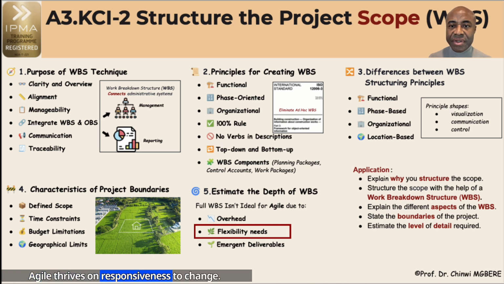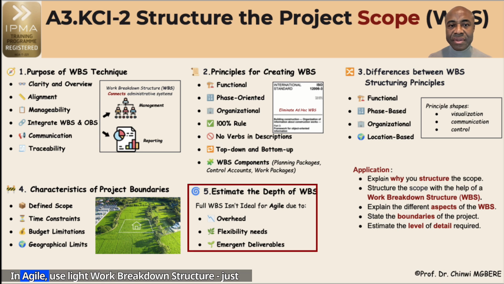Agile thrives on responsiveness to change. Emergent deliverables as scope elements may not be known at the start. In Agile, use light work breakdown structure, just enough to guide the product roadmap or initial release plan, keeping adaptability in mind.